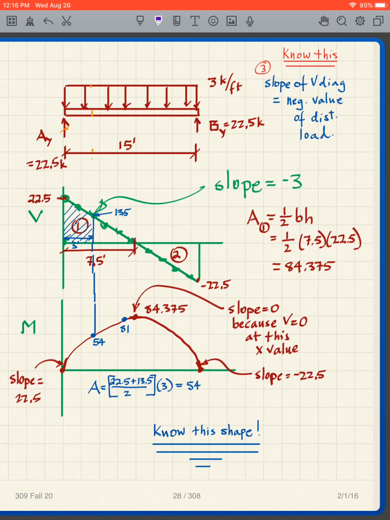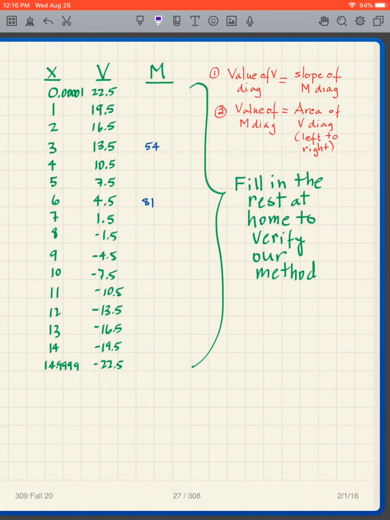All right, if we do that, this is what we would get. So I'm going to plot up the values of V that we got. What do we notice? It goes from 22.5 to 19.5, 16.5.